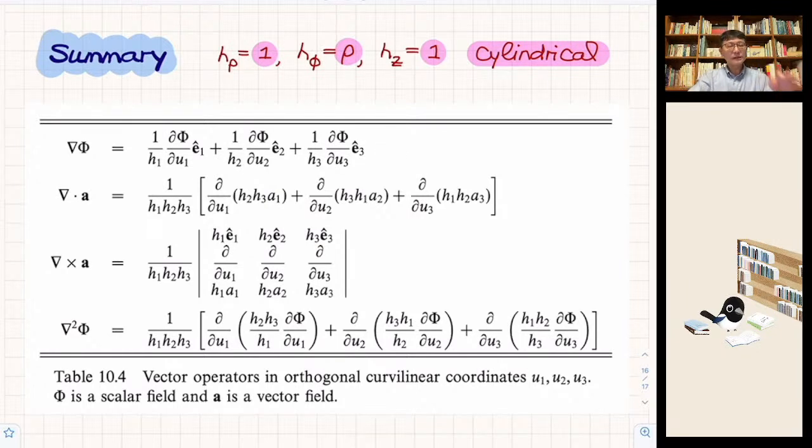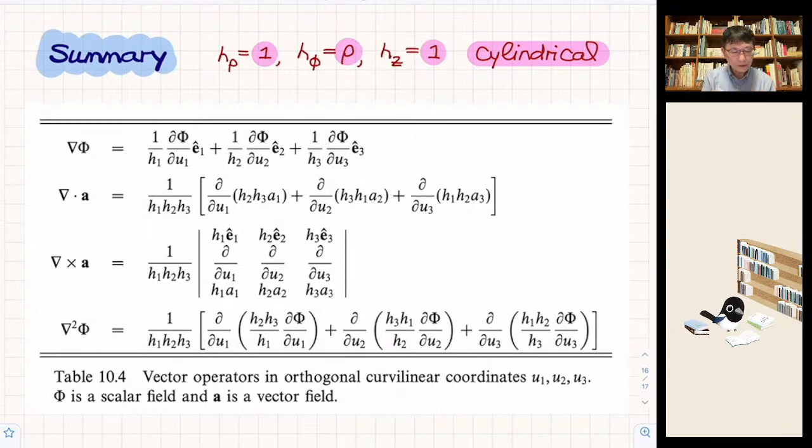And in curvilinear coordinates, because for the cylindrical, spherical, and Cartesian coordinates all the base vectors are orthogonal to each other, it turns out that the complication can be embedded in 3 scaling functions, h rho, h phi, and h z. For cylindrical coordinates, it's relatively simple: h rho is 1, h z is also 1, and h phi is rho.